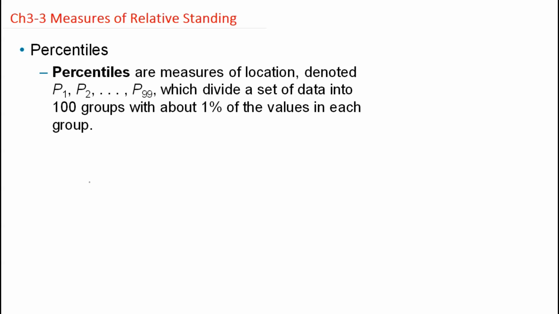Percentiles are a measure of location denoted by P1, P2, up to P99, which divide a set of data into 100 groups, with about 1% of the values in each group. If that was our data set that starts at a minimum value and ends at a maximum value, the whole data set is considered 100%.